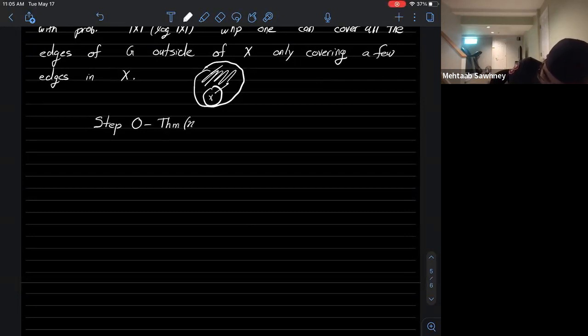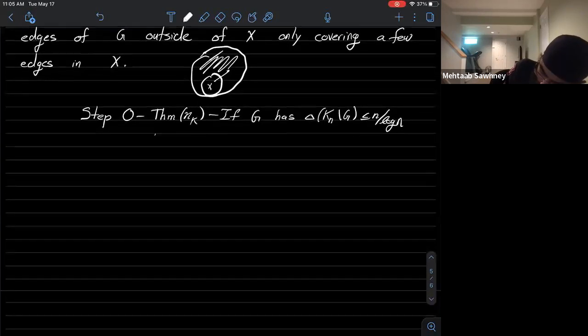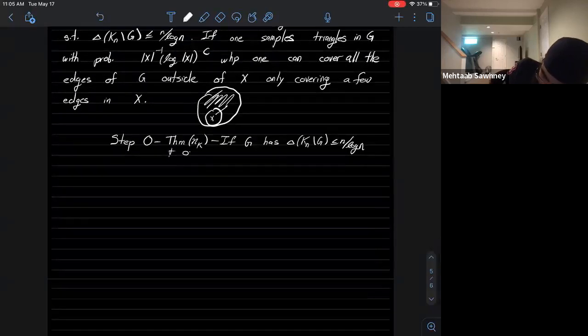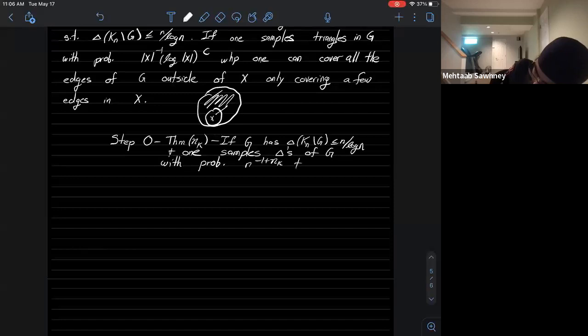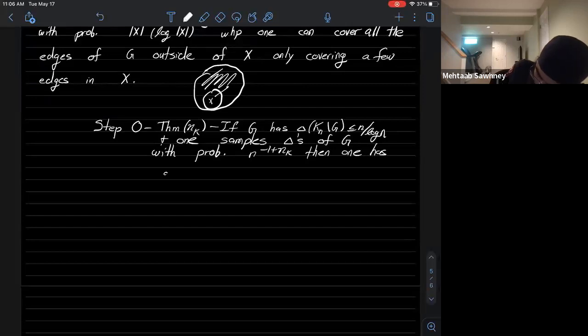I'm going to define a theorem, eta k, which says: if G is, let's say, almost complete, and one samples triangles of G with probability, let's say, n to the -1 plus eta k, then one has an STS with high probability.